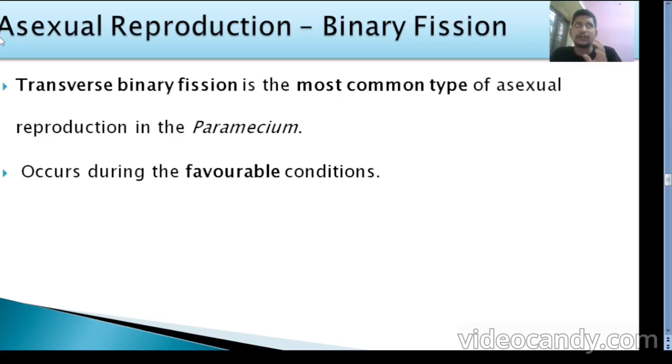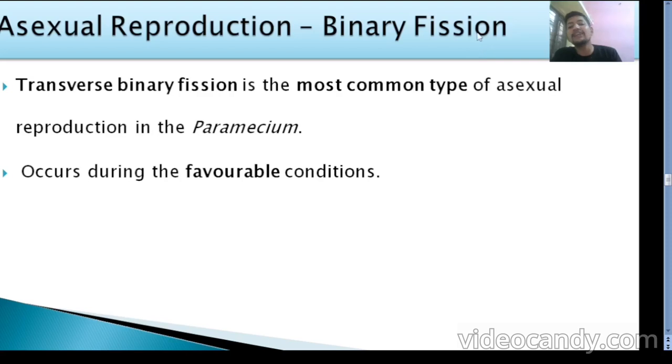We know that sperms and eggs are the gametes. Sperm is the male gamete, egg is the female gamete. These gametes are not at all produced, and only a single parent is there. So don't say it is male or female. It's a single parent that performs the asexual reproduction.